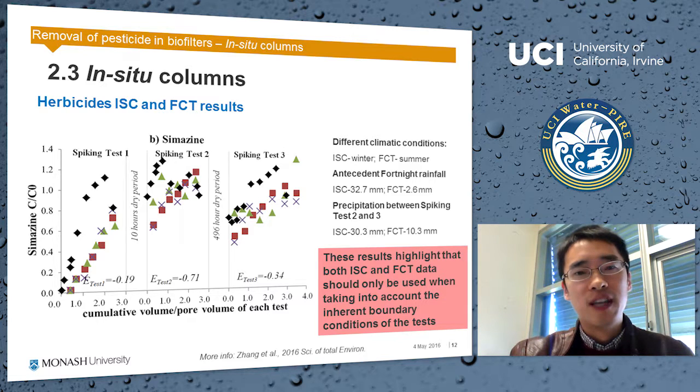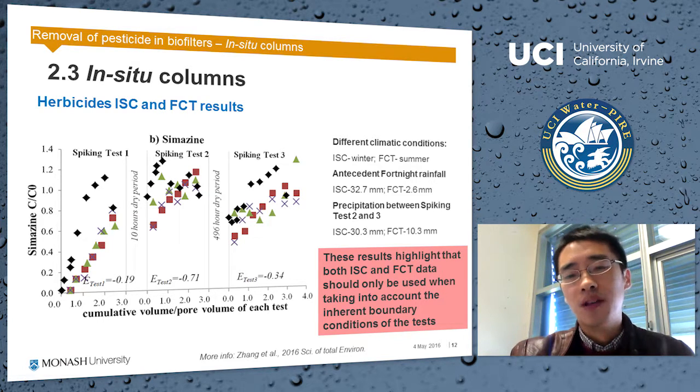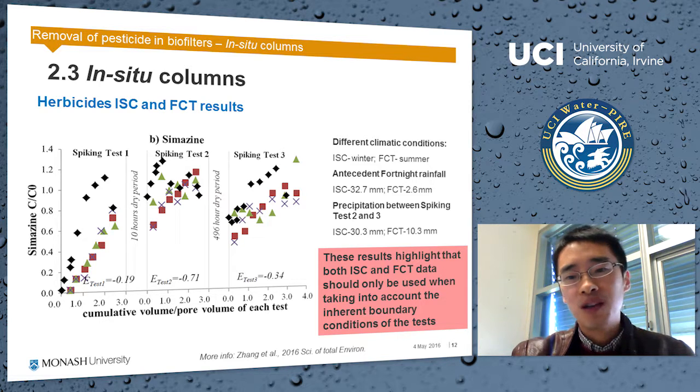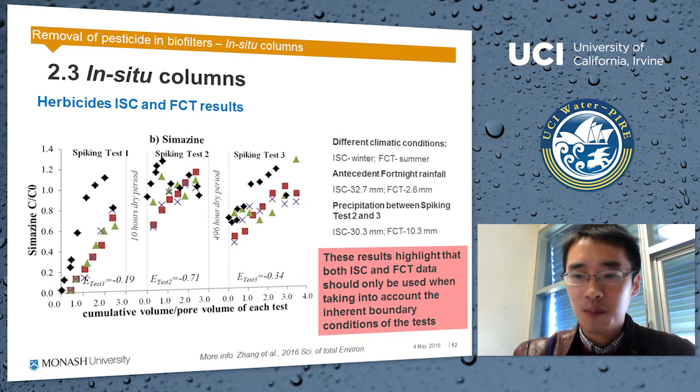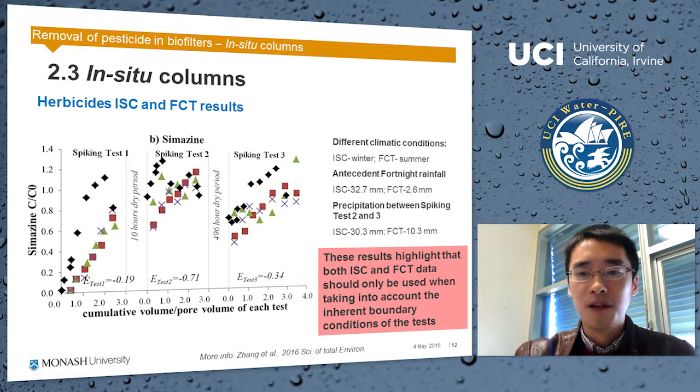However, we observed quite different climate conditions between those 2 experiments. The in-situ column experiment was conducted in winter, while the field challenge test was conducted in summer. They also had different antecedent fortnight rainfall and precipitation between test 3 and test 4 for the in-situ column experiment.